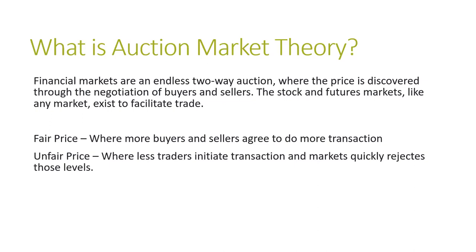So auction market theory classifies price into two types. One is fair price, where more buyers and sellers agree to do the transaction. That is where institutions, market makers and all the big traders show their interest. The other is unfair price. These are places where very few traders initiate their transactions. Sometimes emotional traders get stuck in those places.